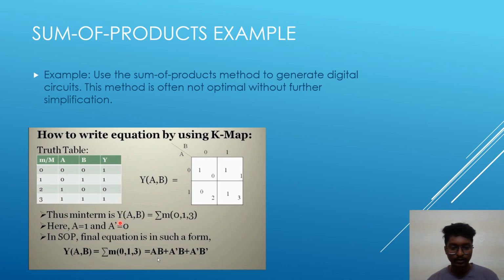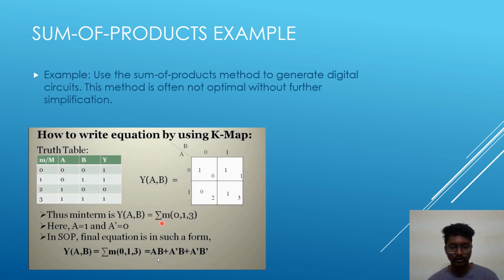So here the min term is Y(A,B) equal to M of 0, 1, 3, which stands for: if both A and B are 0, that is here A is 0, B is 0, we are getting the output as 1, which is here. And if A is 0 and B is 1, here we get the output as 1, which is this. Similarly, the other two also.